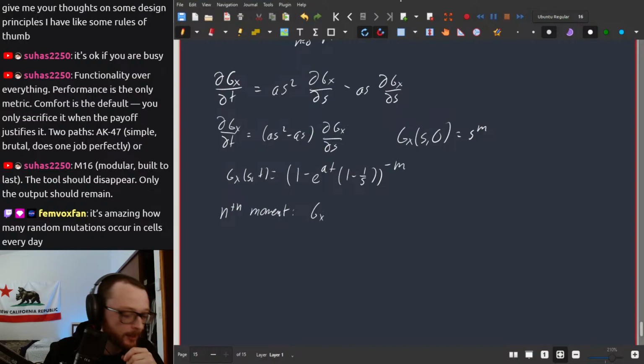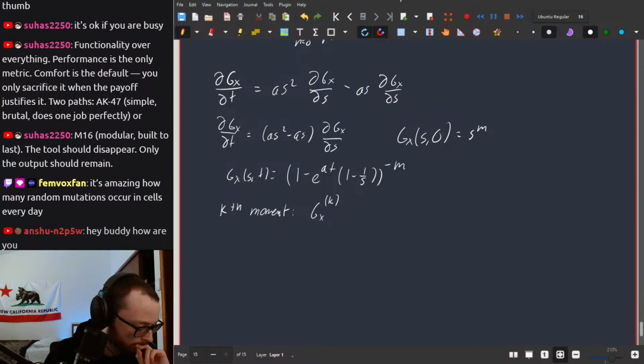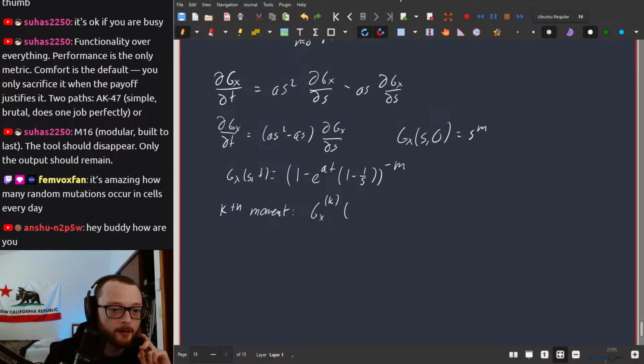It's g sub x, I guess I'm gonna use k. The kth derivative of, I guess, s equals 1. So you can get the mean and variance from that.